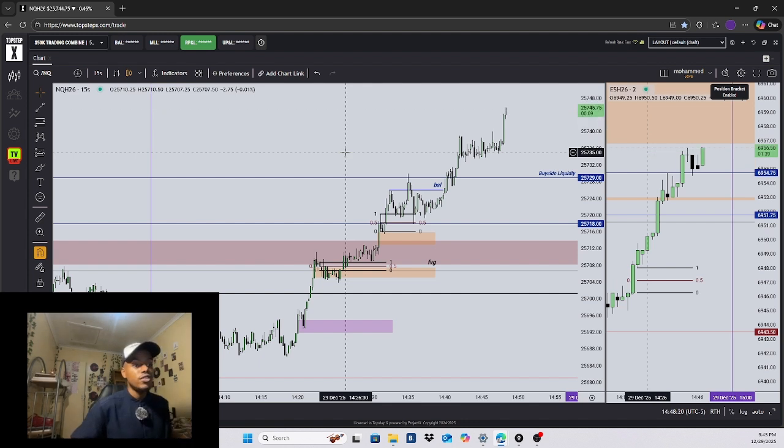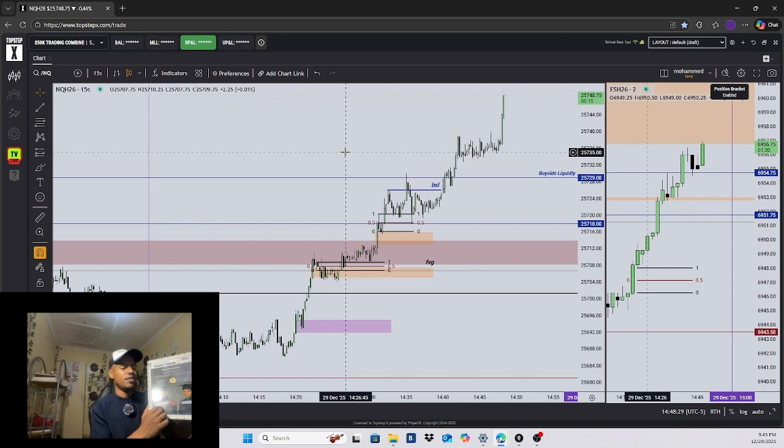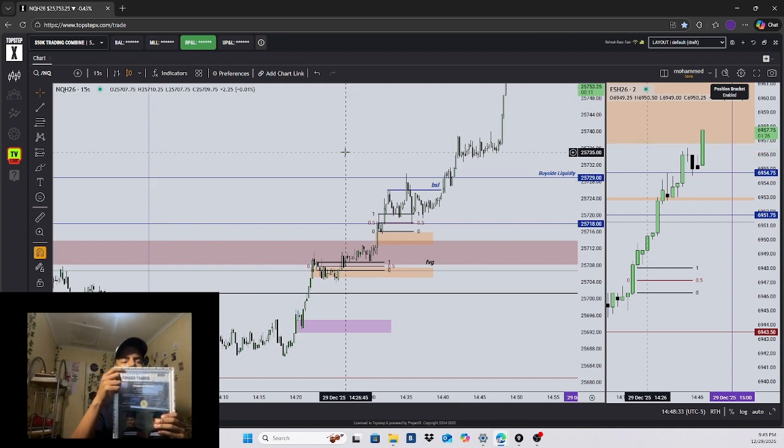So as you can see, I'm just displaying the trade that we took. Let's see, I just want to show you my first TopStep funded account. They've given me a certificate. There it is.